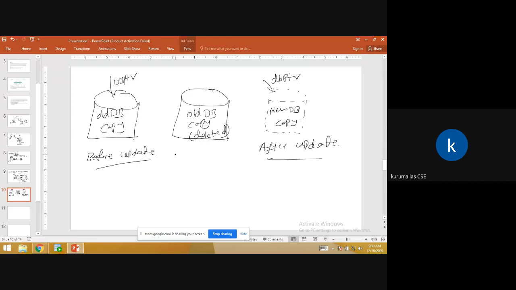See, this is very, very important. Before performing any updations in the database, before updating or deleting anything, we have to preserve the database in one place. It is necessary for the transaction to create one more copy of the entire database.